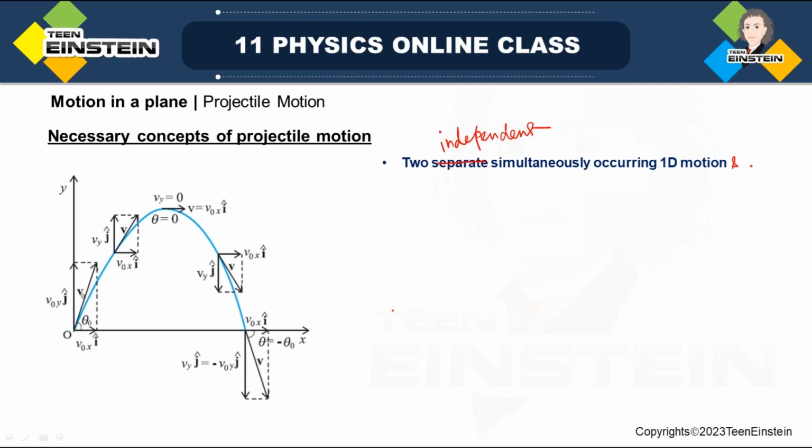Two motions are happening. One is along the horizontal direction along the x-axis, another is along the vertical axis. So projectile motion is considered as a combination of two independent, simultaneously occurring one-dimensional motions.